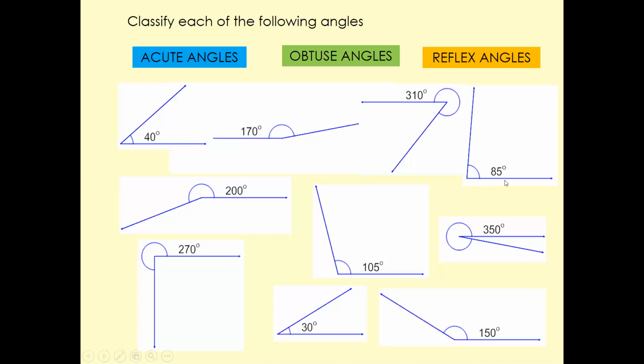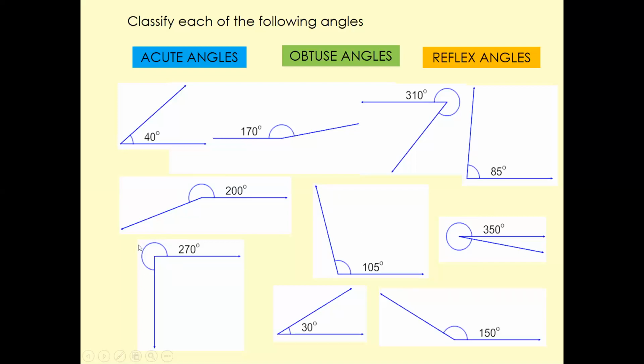This angle here is less than 90 degrees, so that's going to be an acute angle. This angle here is greater than 180, so that's going to be a reflex angle. This angle here is greater than 90 degrees, so that's going to be an obtuse angle. This angle here is greater than 180 degrees, so that's going to be a reflex angle.